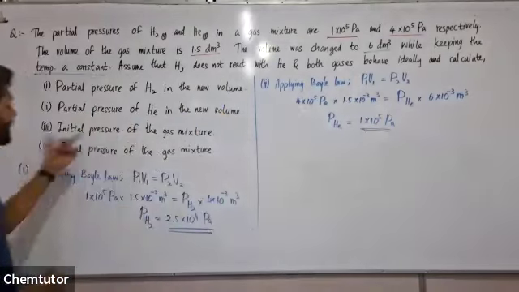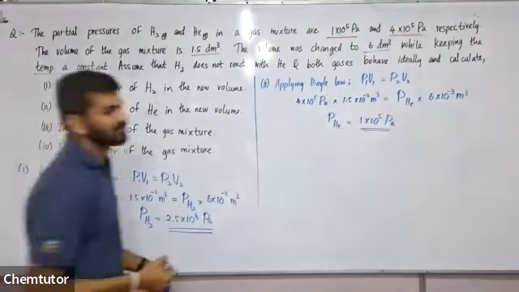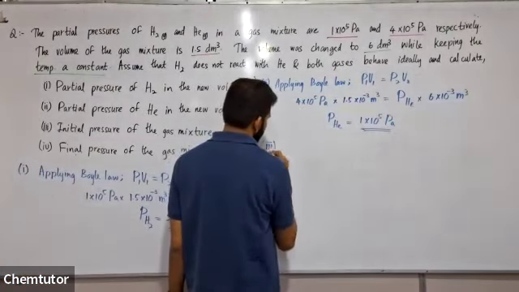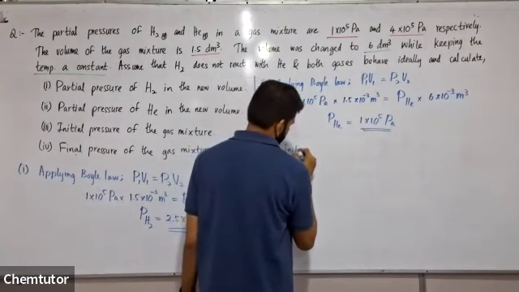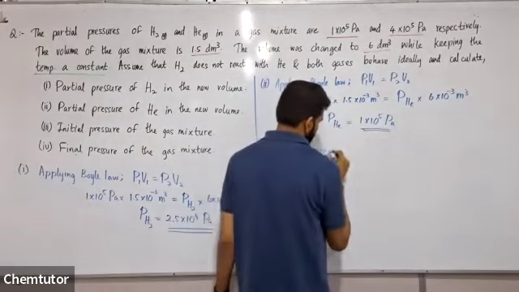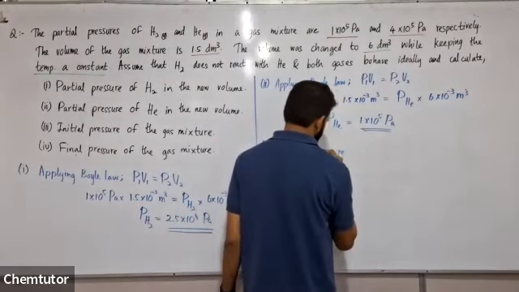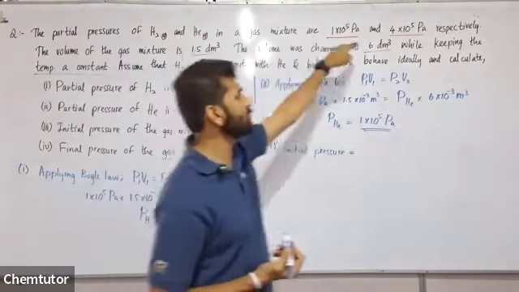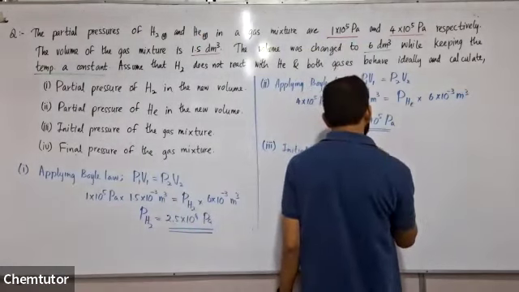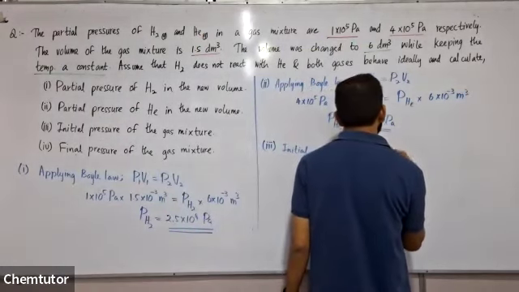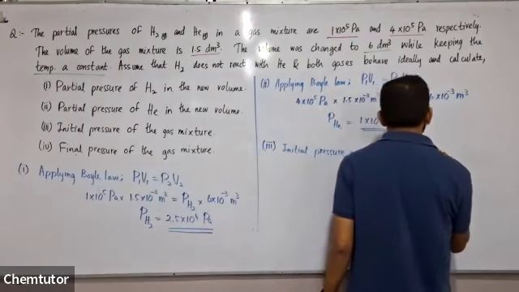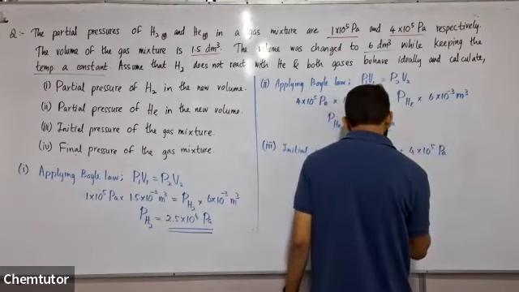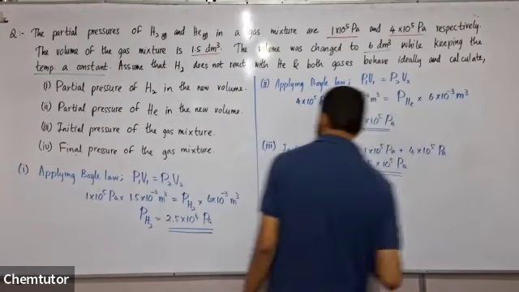The third one, initial pressure of the gas mixture. What is the initial pressure of the gas mixture? Initially we have hydrogen and helium at these two pressures, so we have to add those two together: 1 into 10 to the power 5 pascals plus 4 into 10 to the power 5 pascals. The answer will be 5 into 10 to the power 5 pascals.